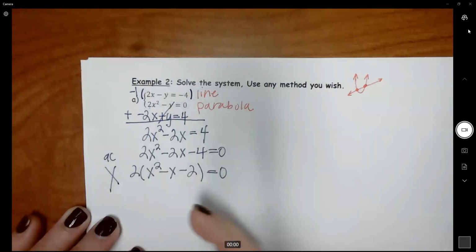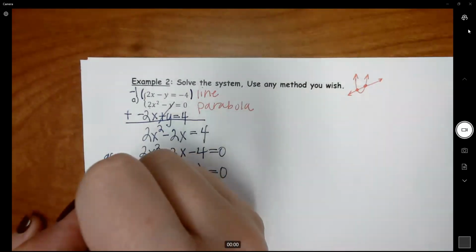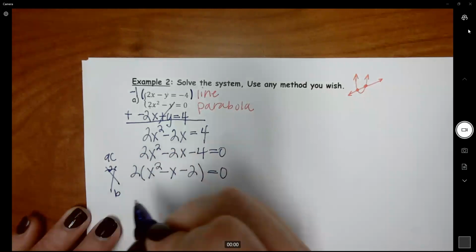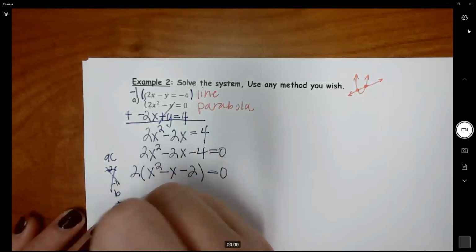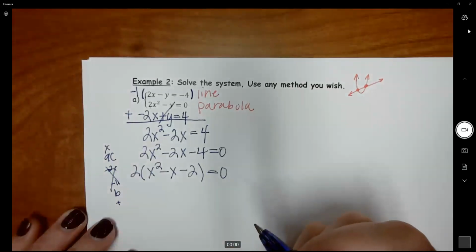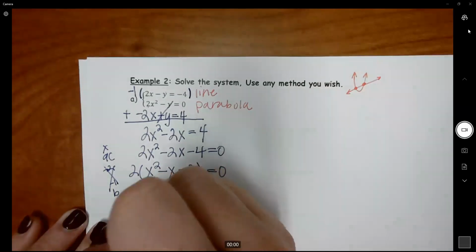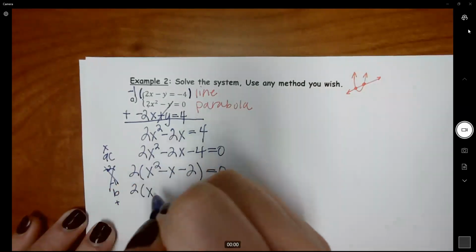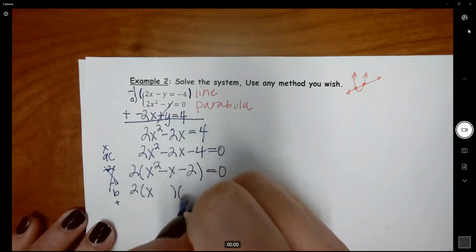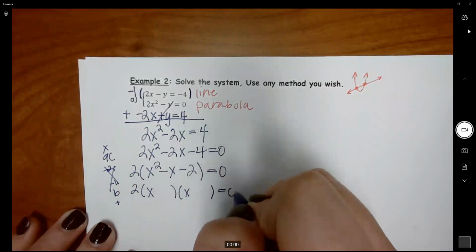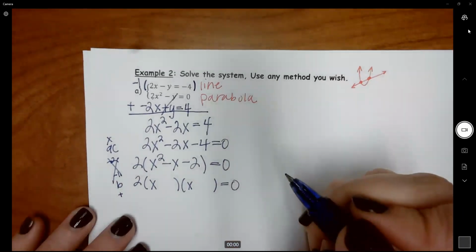So my a times c is 1 times -2. And my b term is -1. What adds up to -1 and multiplies to -2? Hopefully you've had some time to think about that.